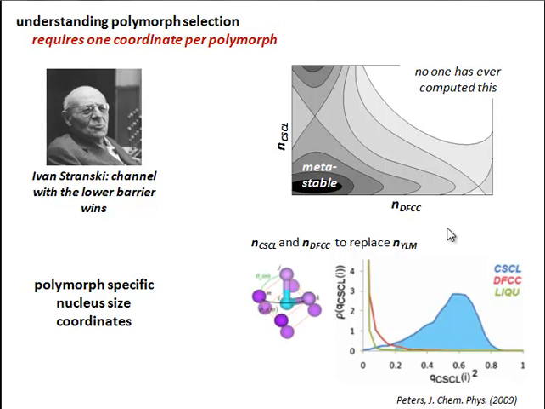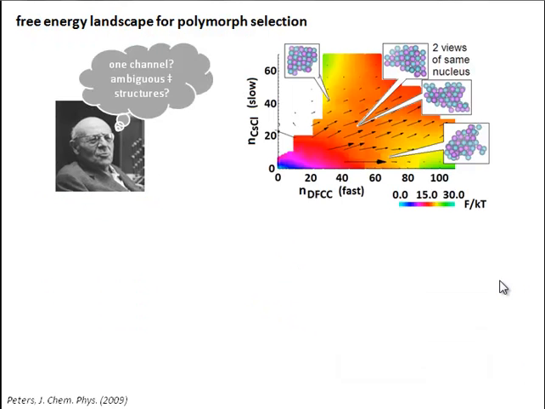And there are a lot of details that go into doing this. We're basically using a template matching strategy to decide whether an atom is in a cesium chloride-like environment like this one, or whether it's in a hexagonally packed environment like the FCC phase.